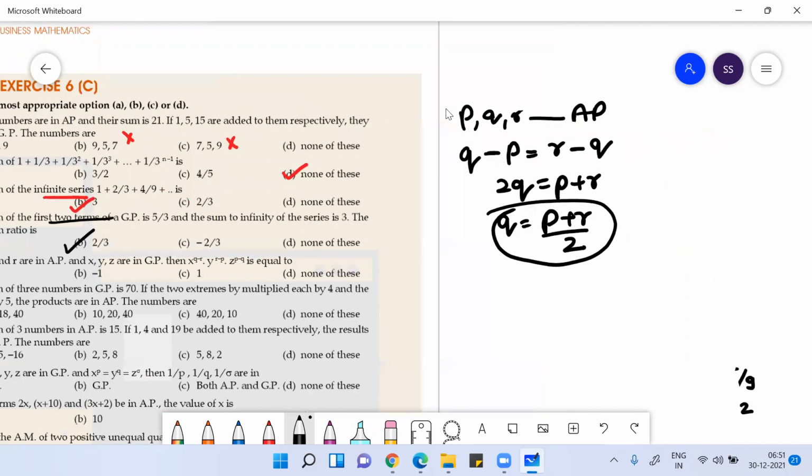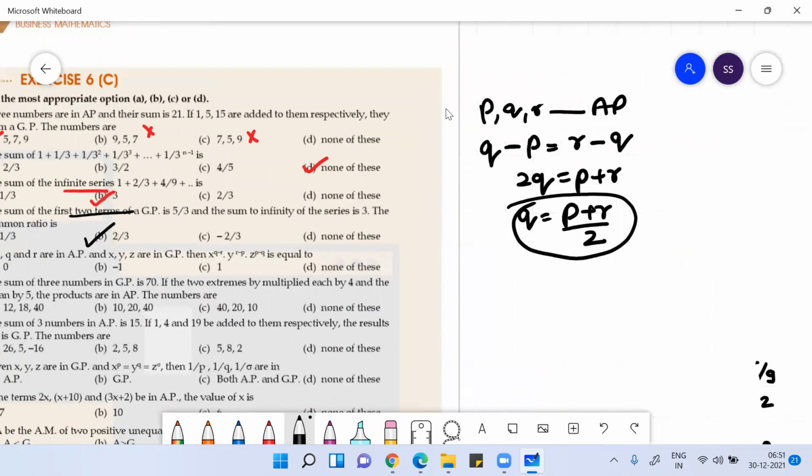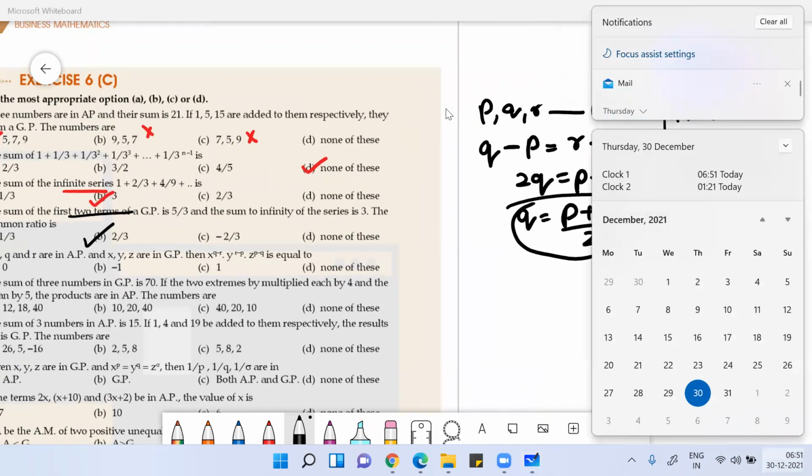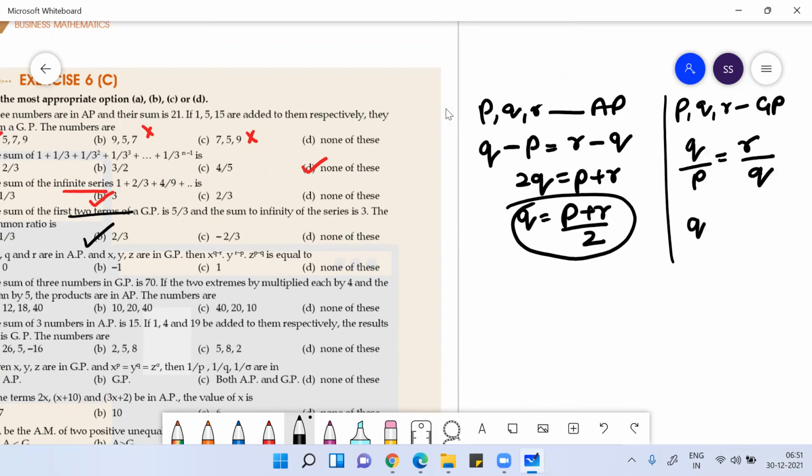Similarly, if I say P, Q, R are in GP, it means Q by P will be equal to R by Q. It means Q square will be equal to PR. You simply learn these things by heart.